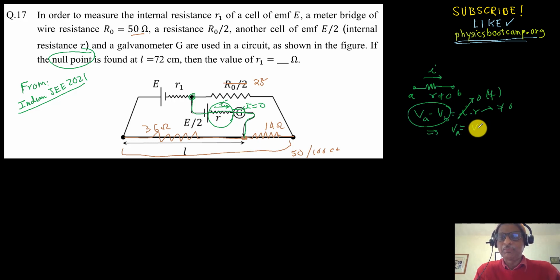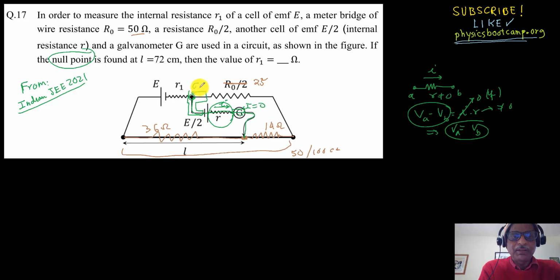VA has to be VB. So this side is the same potential as this, and there is no resistance, so this is the same potential as that. Let's label all the same potential points.